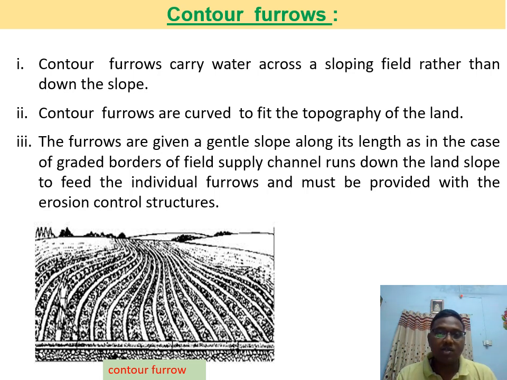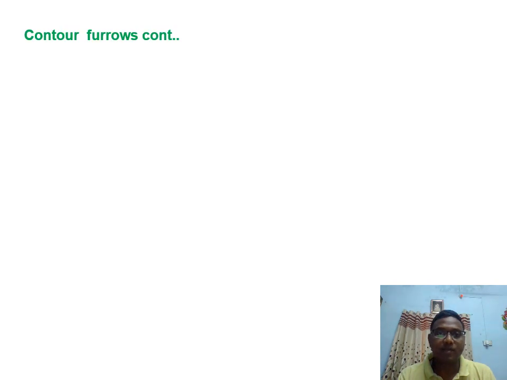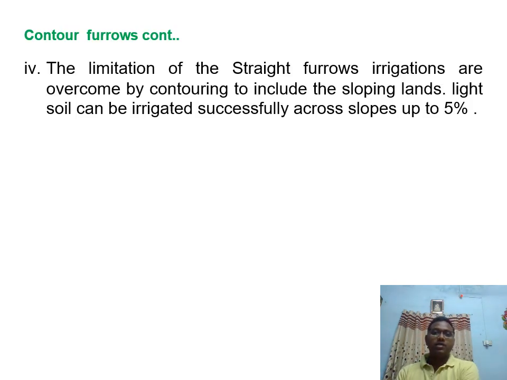Furrows are given a gentle slope along their length, as in the case of graded borders. The field supply channels run down the land slope to feed the individual furrows and must be provided with erosion control structures. The limitations of straight furrow irrigation are overcome by this method.